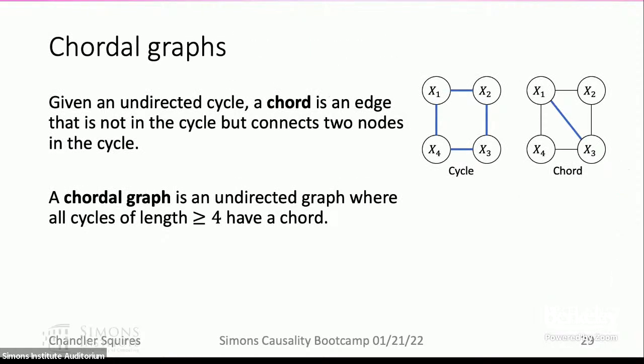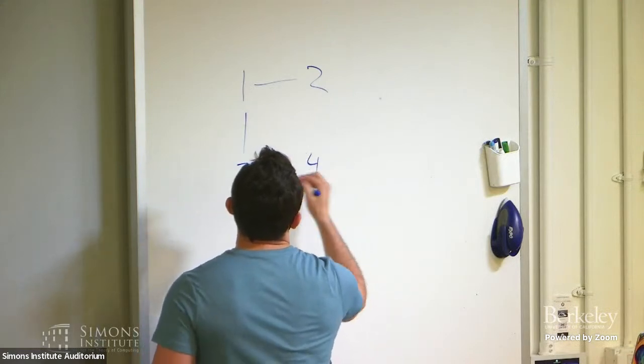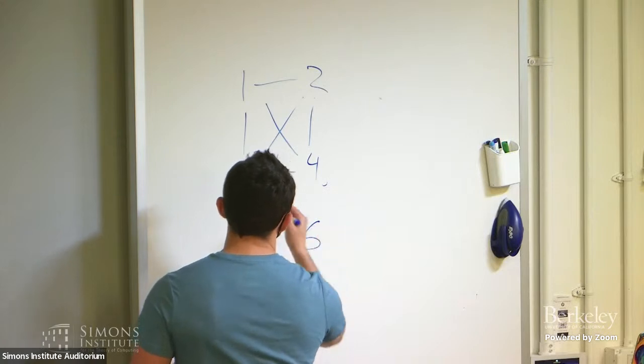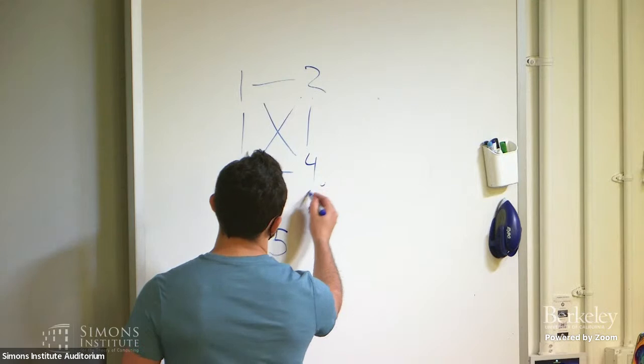So you take all of the maximal cliques. I'll actually draw something on the board here. This should be a chordal graph. Say even one node down here.